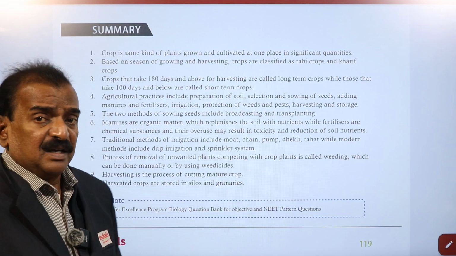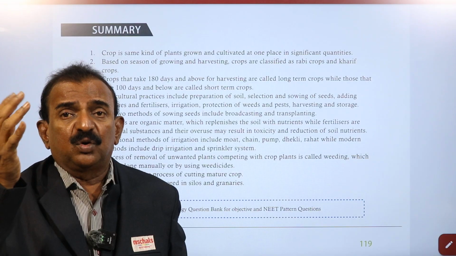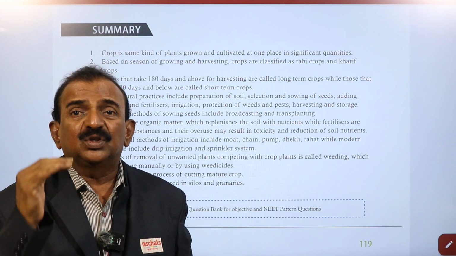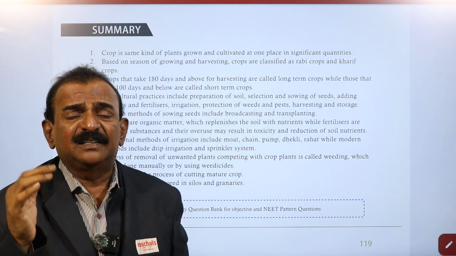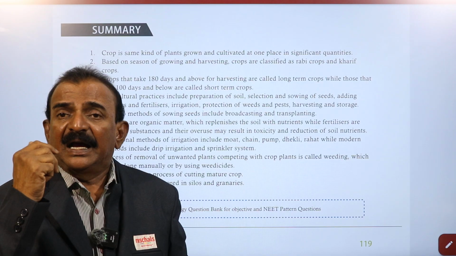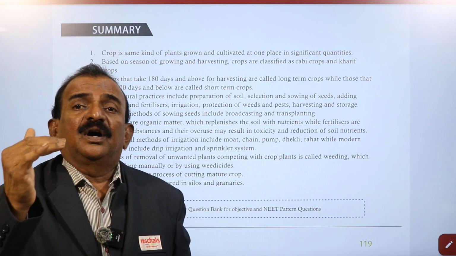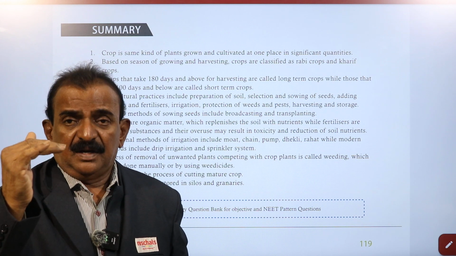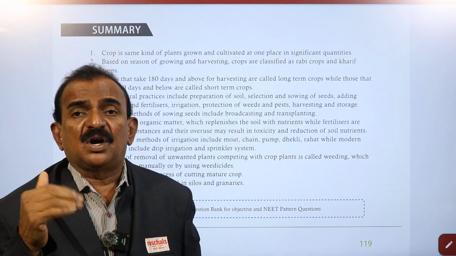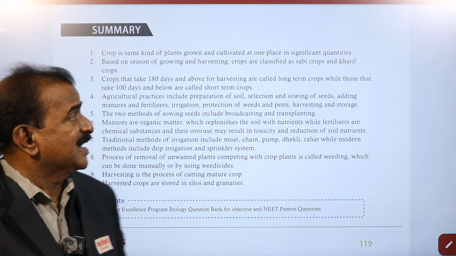And next, some crops need more time to grow before harvesting, more than 180 days, and those crops are called long term crops. Example, red gram. And some crops need fewer days for harvesting, below 100 days, and those crops are called short term crops. Example, black gram and green gram.